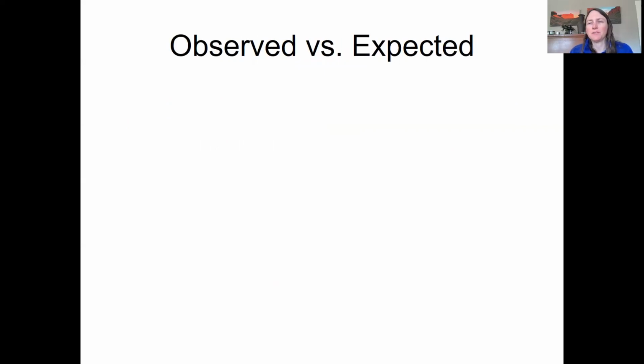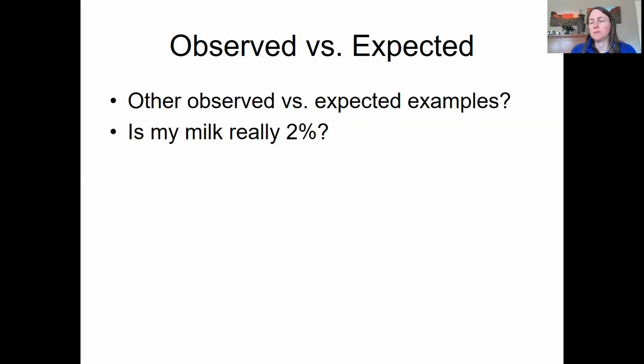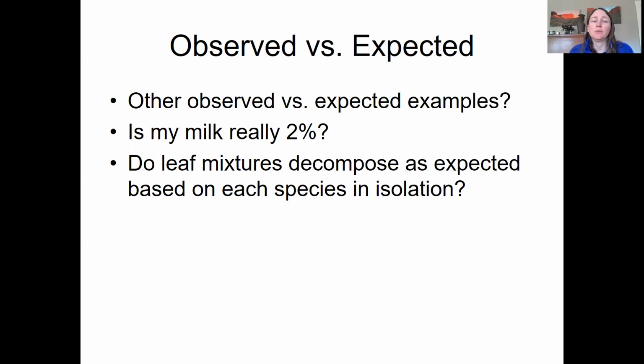In the case of observed versus expected, some examples might be things like, is my milk really 2%? So you can test the actual fat content of your milk and compare it to a 2% expectation. Do leaf mixtures decompose at rates expected based on each species' decomposition rate in isolation? This is one example that I've used chi-square tests for in my research.